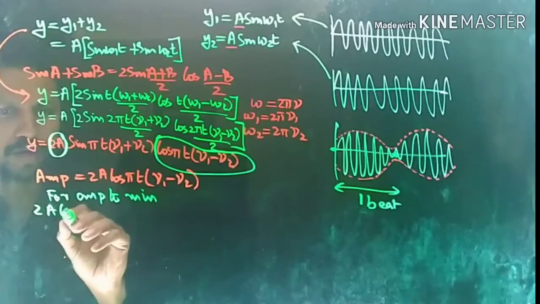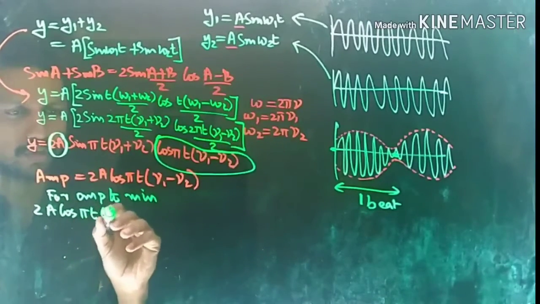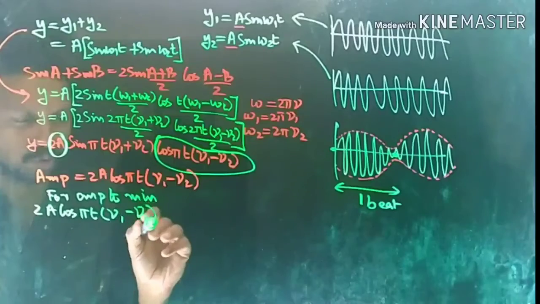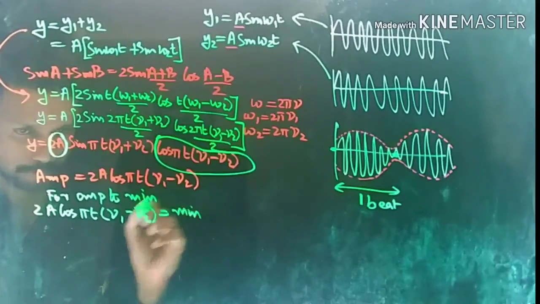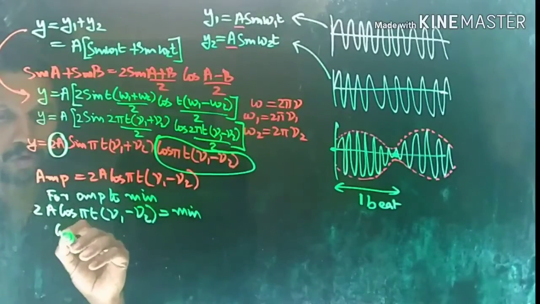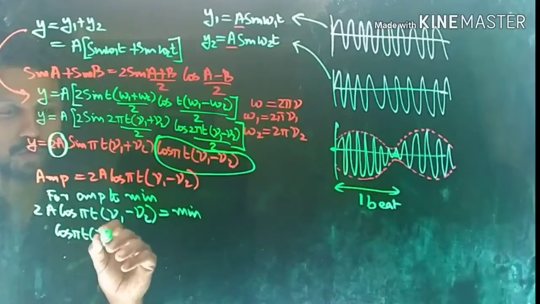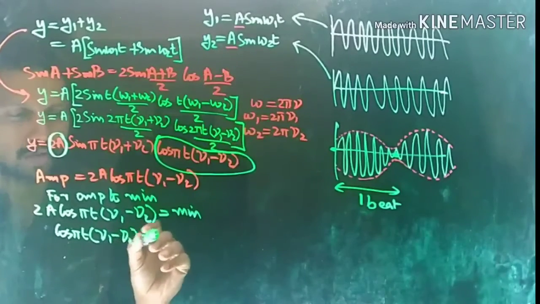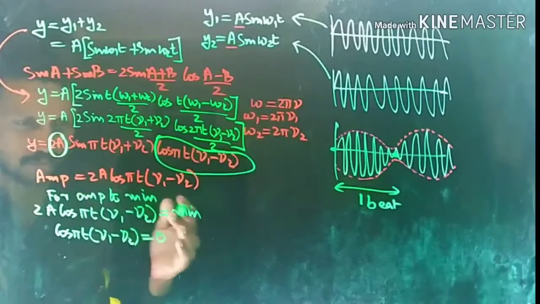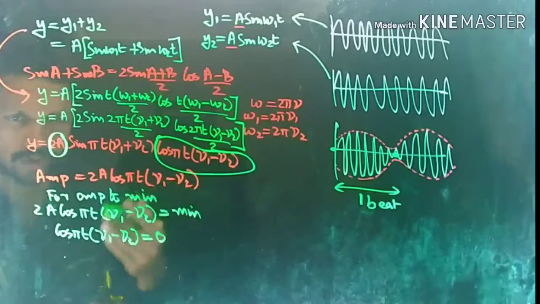2a cos pi t into nu 1 minus nu 2 should be minimum. That means cos pi t into nu 1 minus nu 2 should be equal to 0. That is, when the cosine function becomes 0, this amplitude becomes minimum.